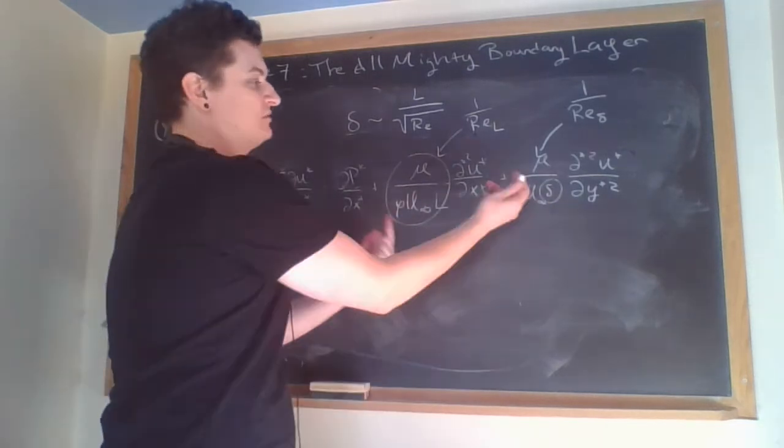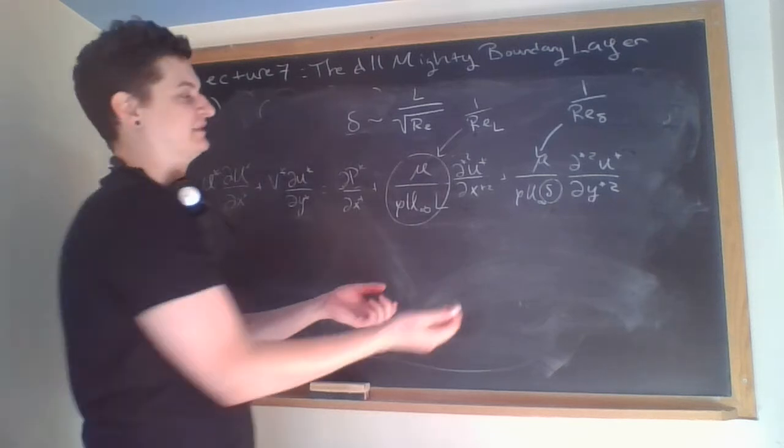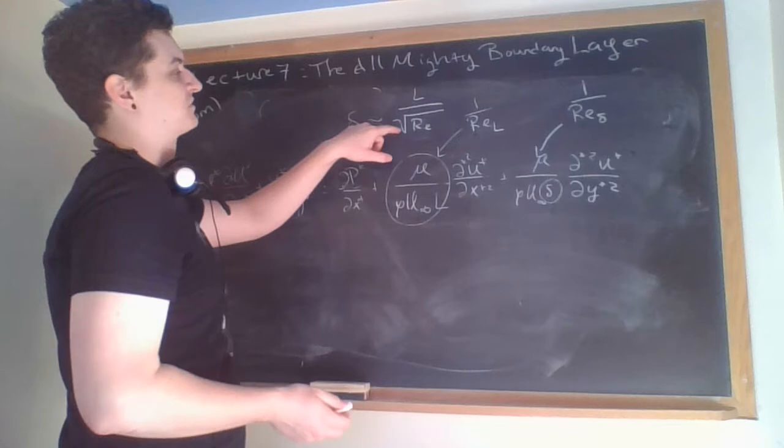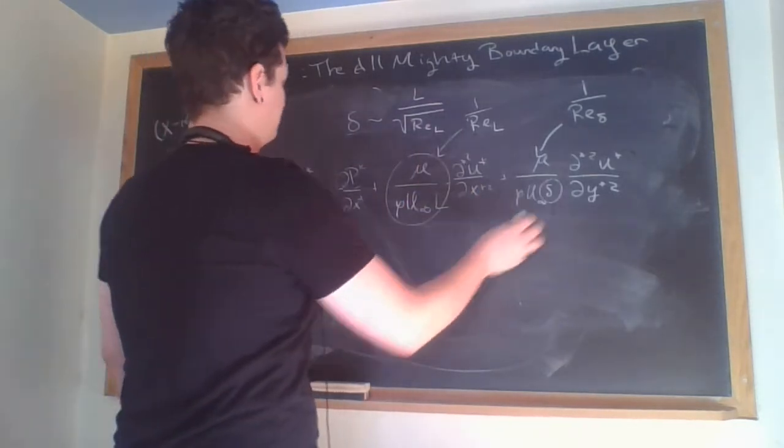So I have two competing Reynolds numbers that I'd have to measure, or I'd have to calculate to see which one of these matters more. But this relationship that the boundary layer is proportional to the inverse of the Reynolds number with respect to the L eliminates this one.